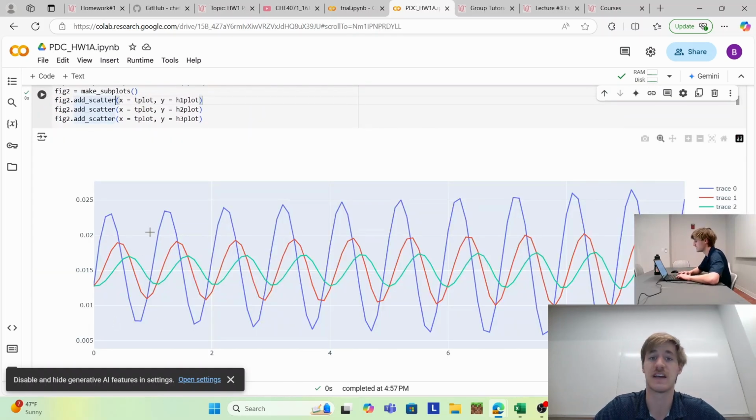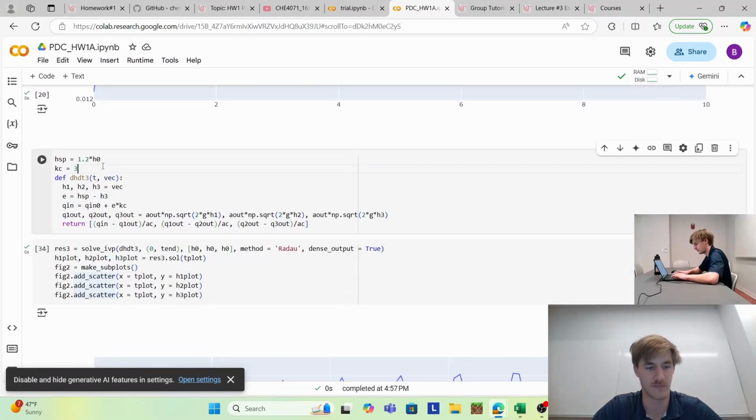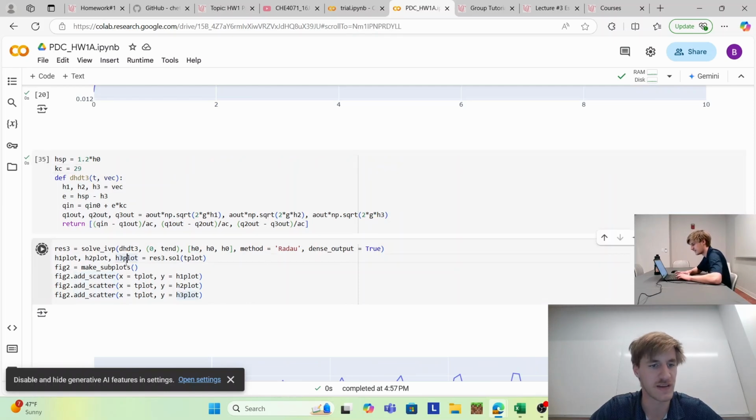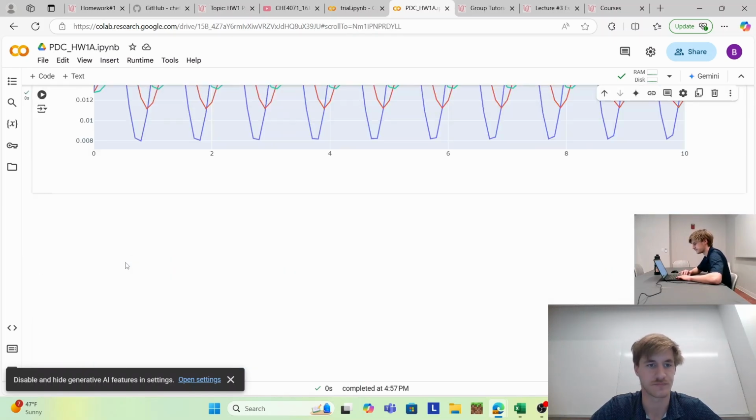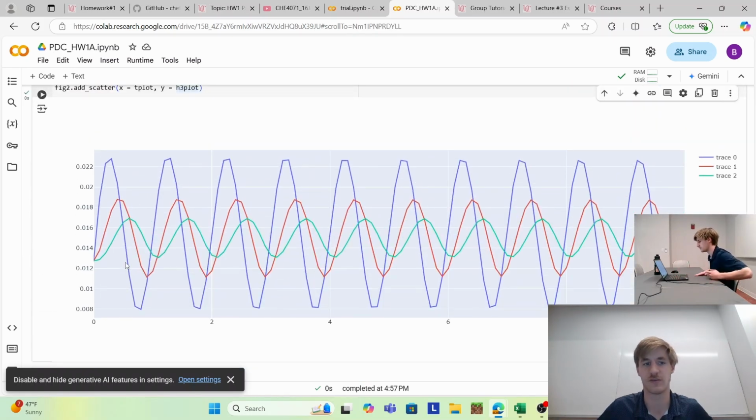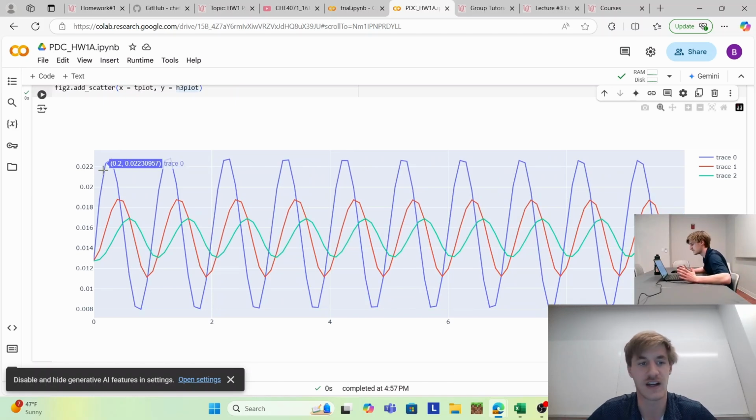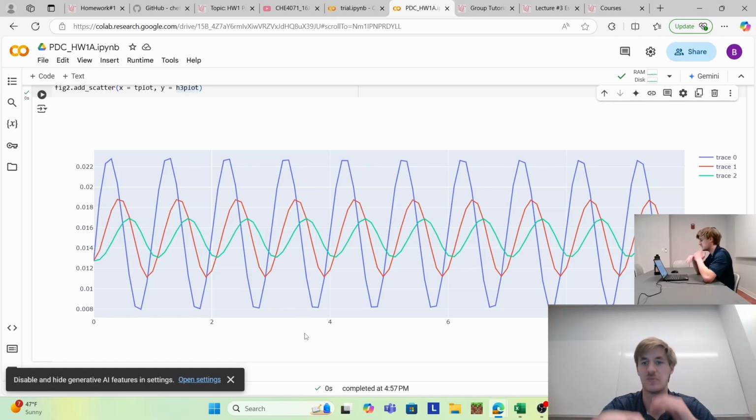Okay, so now you can see these oscillations slightly increasing each time. We'll go to 29. All right, and yeah, so here the oscillations just seem to be the same every time. It doesn't seem to be increasing or decreasing at all.